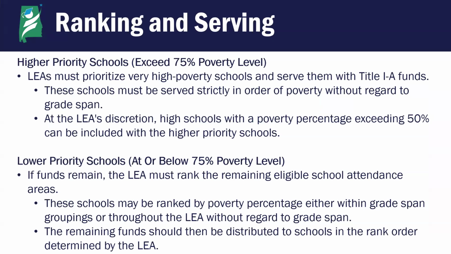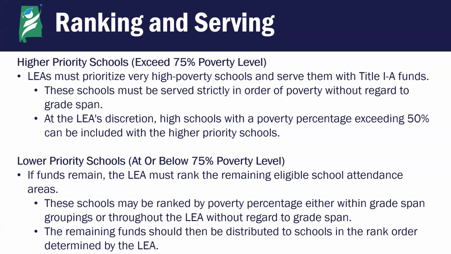Let's go ahead and review those ranking and serving requirements within Title I Part A. Out of your eligible schools for Title I, you have two priority groups. First, you have higher priority schools, and then you have lower priority schools. High priority schools exceed 75% poverty.